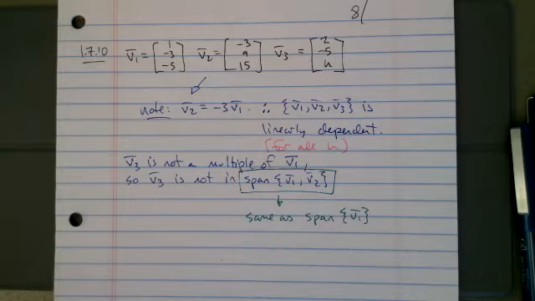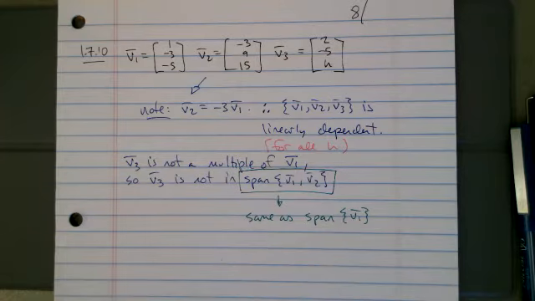It's a combination of the other vectors, and I can always get rid of it. But V3 adds something different. Because in V3, the first entry is 2, which is 2 times the 1, but -5 is not 2 times -3. So V3 is never going to be in the span of V1 and V2. V3 is not a linear combination.